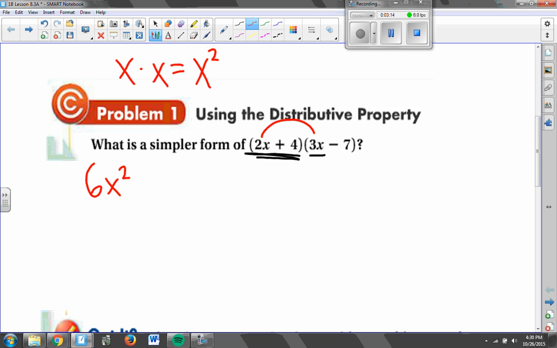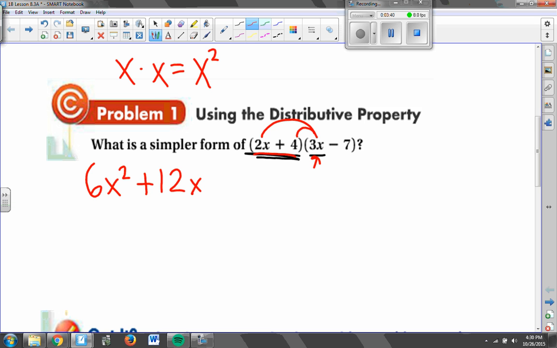Right, x squared, 2x times 3x. Then I'm also going to take this 4 and multiply that by my 3x. 4 times 3x, 4 times 3 is 12, and I still have just that one x attached, that's 12x. So I have now distributed this 3x right here to both pieces in these parentheses.